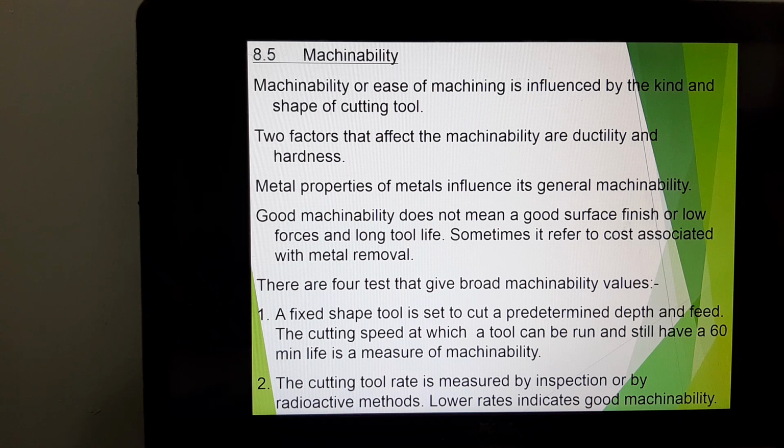If these 4 factors have been fulfilled satisfactorily, then we would say that the machinability is good. If any one of these factors is lacking or missing, we would not consider that product a good machinability. So I would expect you to explain to me machinability in terms of these 4 factors.